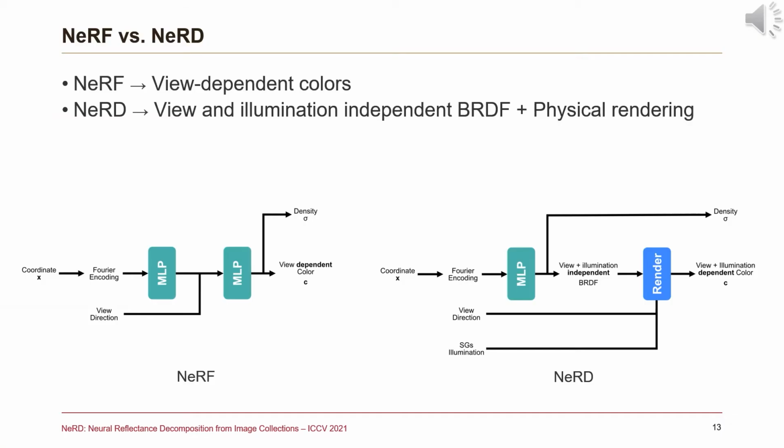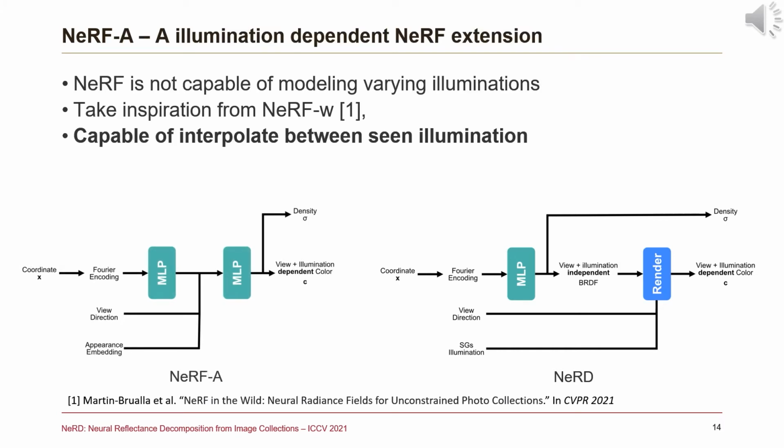As a recap, NeRF is only capable of having view-dependent colors. NeRD, on the other hand, learns view and illumination independent BRDF parameters and uses physically based rendering to calculate the visible color. As NeRF is not capable of handling varying illumination, one can take inspiration from NeRF in the wild. Here we extend the NeRF model with an appearance embedding.